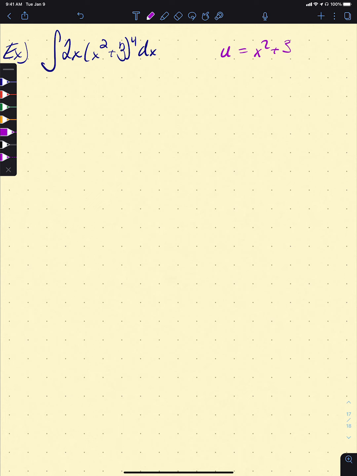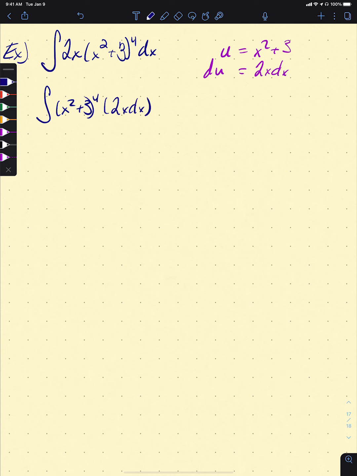The second step is to find du. My 3 is going to drop, so we're going to get 2x dx. Now we can do our third step: let's rewrite this as the integral of (x squared plus 3) to the fourth times 2x dx.